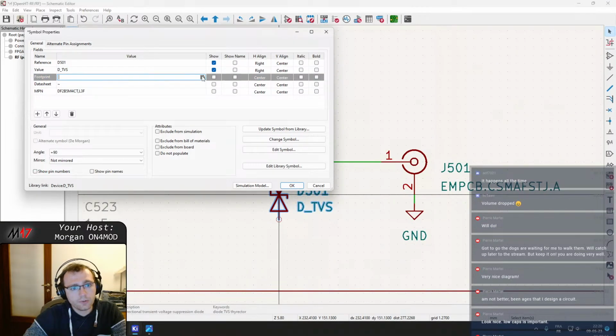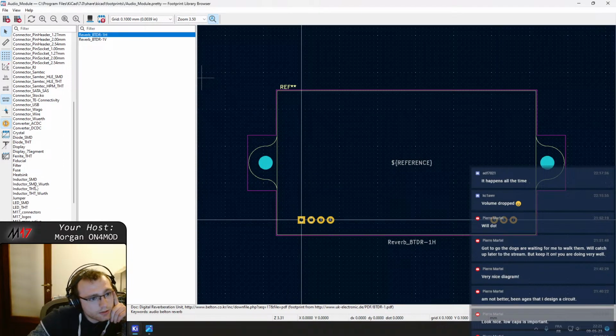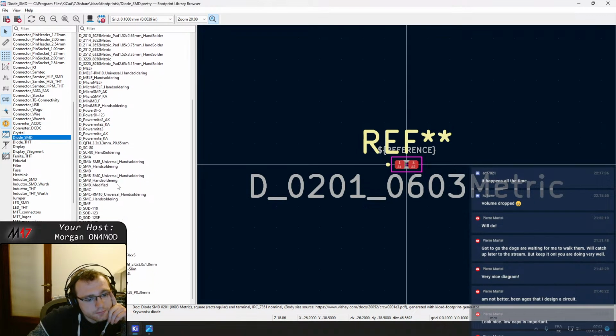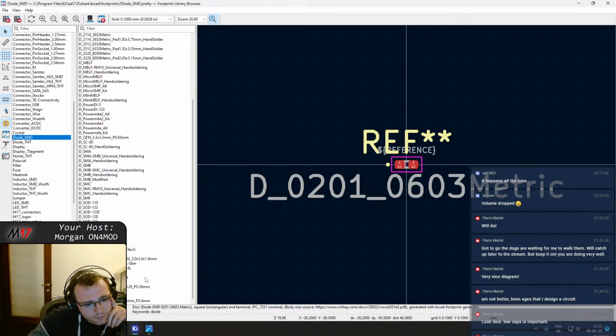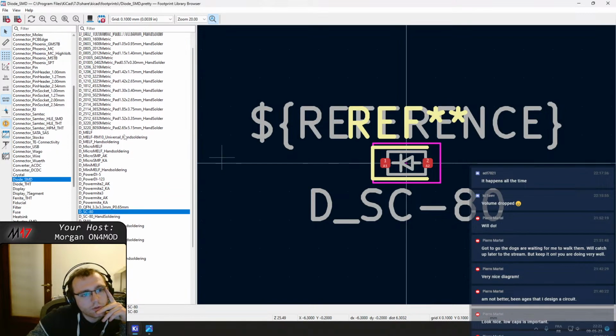Let's have a look at the footprints. It would be in the diodes SMD section. Yeah, you don't see anything. Oh, this is small.